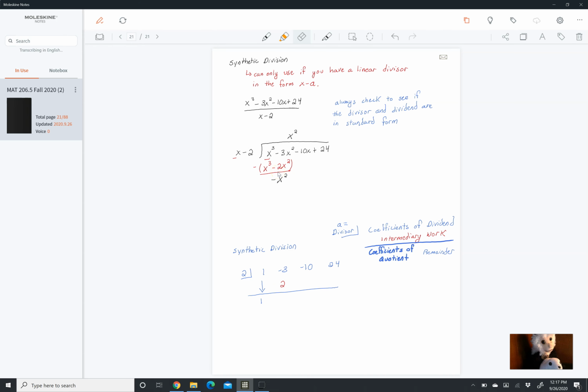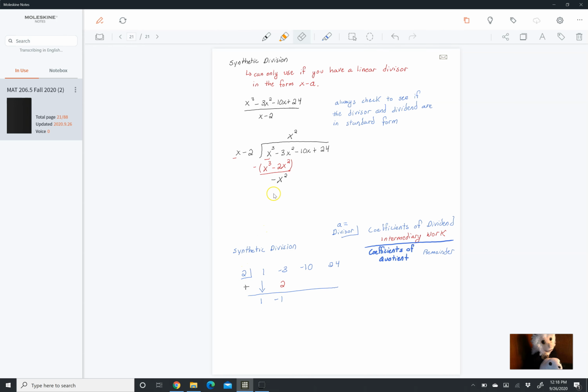Except the difference is that instead of subtracting, we're going to add. And the reason why we're adding is, notice that here, this x squared gets multiplied by negative 2. Down here, we're using a positive 2. So instead of subtracting, we add down here. Okay, so -3 plus 2, notice we get the same answer, we get a -1.